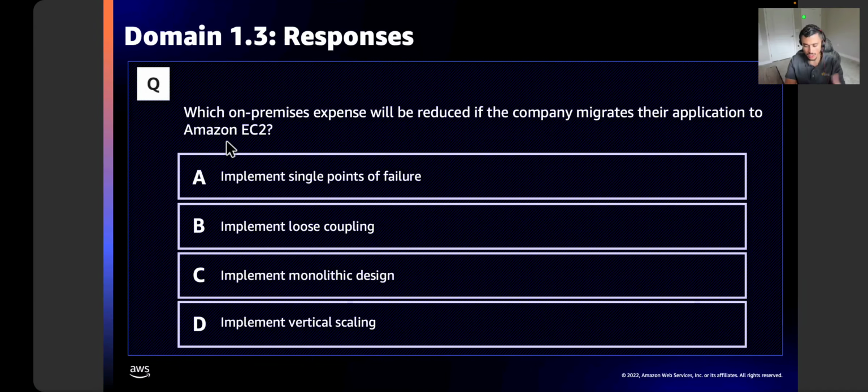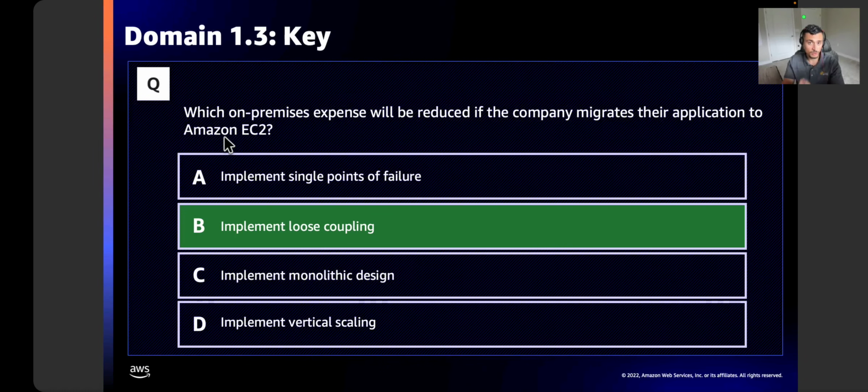Right. So again, we spoke about how we want to decouple our architecture. So remember, this is one of the main design principles that we want to focus on for this exam: implement loose coupling, right? We don't want to implement vertical scaling. Vertical scaling is where we're scaling up a single node, increasing the size of that node.